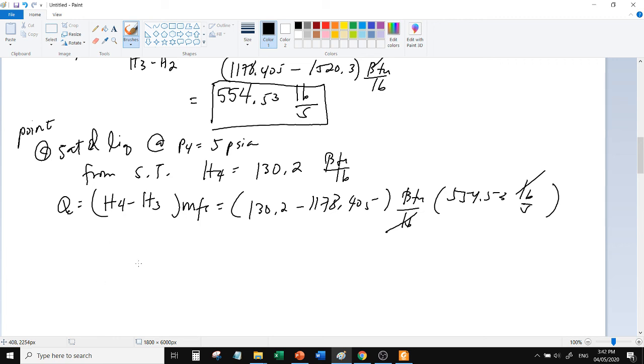Ang masasolve mo dito ay negative, dapat negative kasi heat is released.